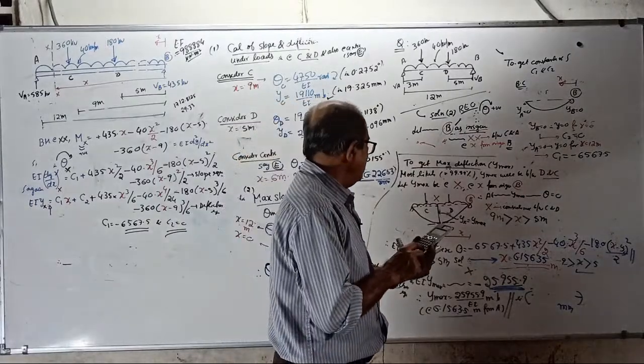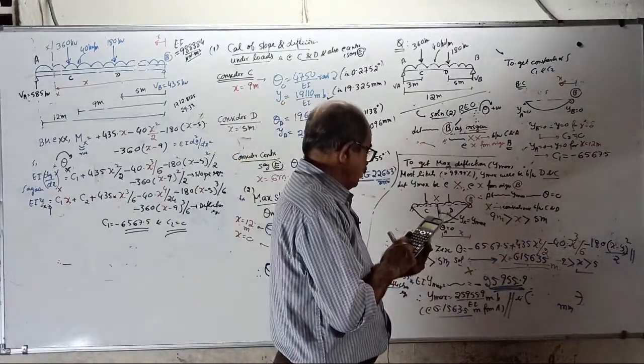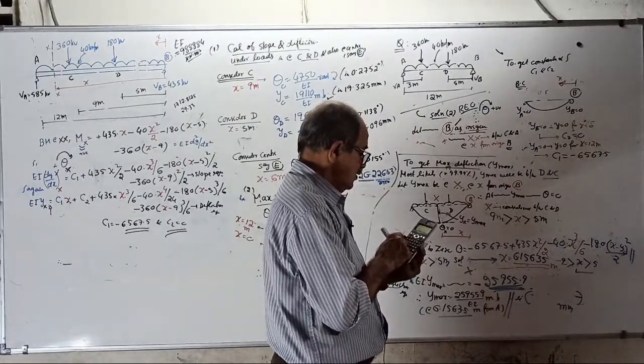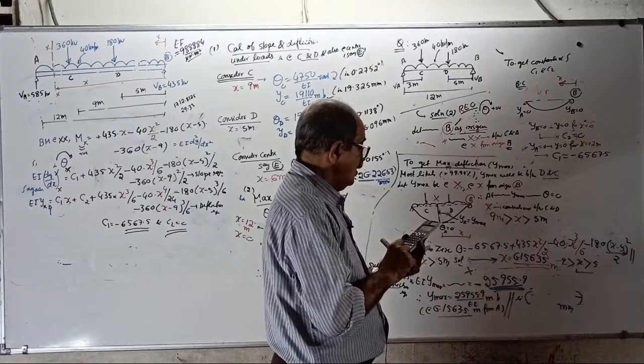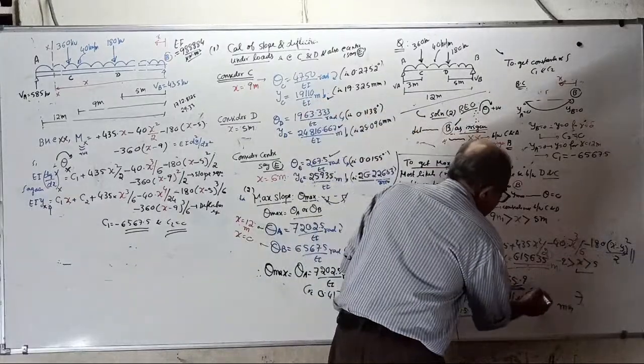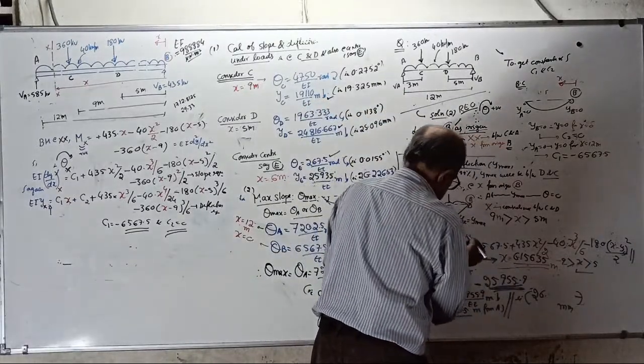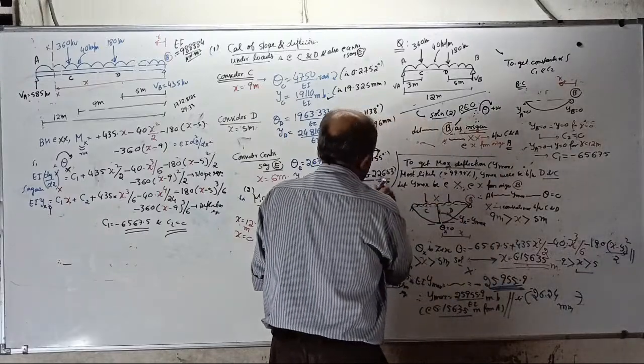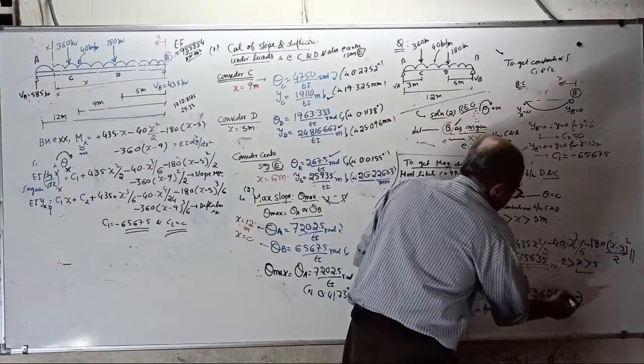Now it is coming 25955.9 divided by ... 26.24, slightly more, 26.24767.